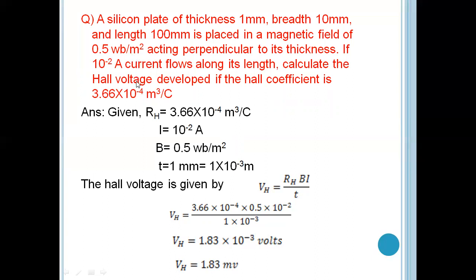They ask you to find out how much Hall voltage will be developed if the Hall coefficient value is 3.6 into 10 power minus 4 meter cube per coulomb. Writing down the terms given: the Hall coefficient, current flowing through, applied magnetic field and the thickness of the material. Substituting them in the Hall voltage formula, V_H is equal to R_H B I by t, you can calculate the Hall voltage.